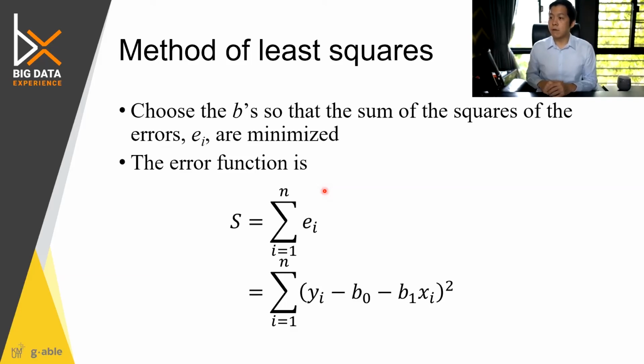Okay, this is the error function, which comes from the sum of the error, right? Sum of the epsilon here, and it comes from the summation of the actual value minus the line, right? This is the errors, squared and summed together. We want to minimize this function.